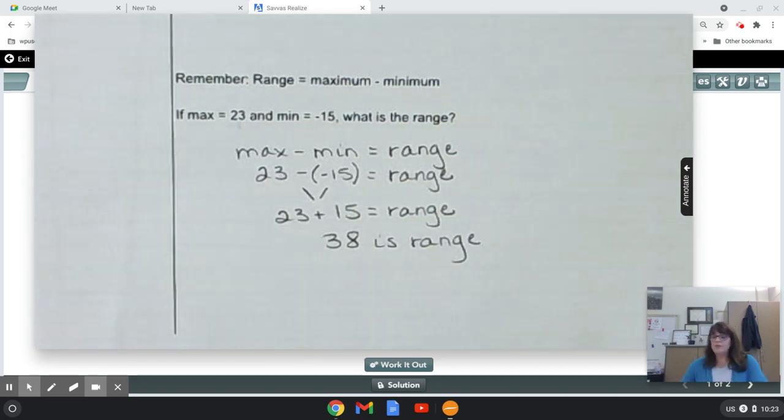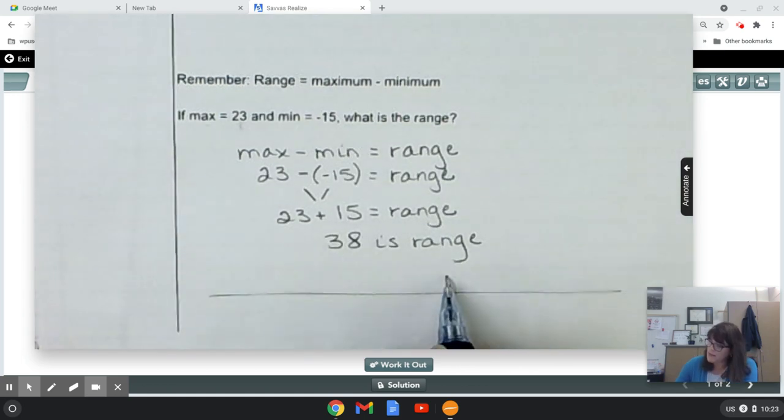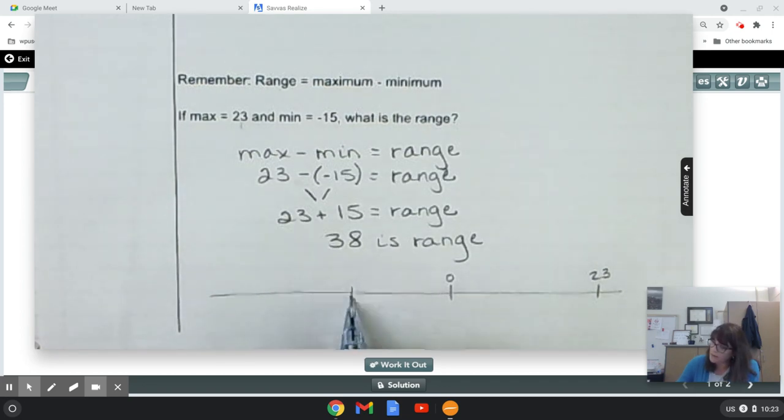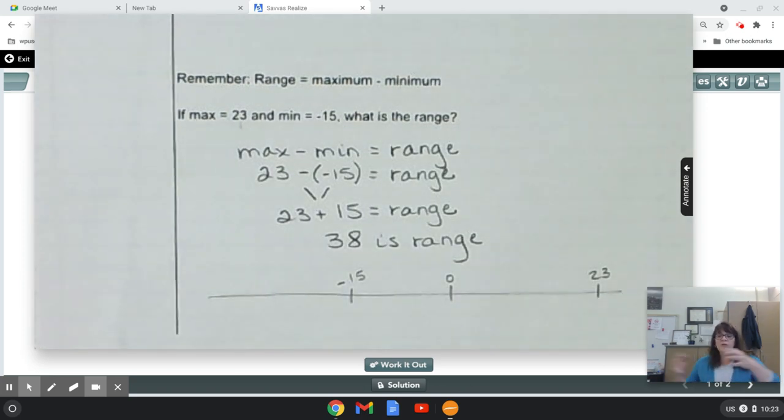Now, given what we've done before, imagine if there was a number line here, okay, and here was 0, and over here somewhere was 23, and over here somewhere was negative 15. Does that make sense that they're 38 spaces apart? So we're taking everything we've learned and we're just applying it. We're practicing it on a deeper level.